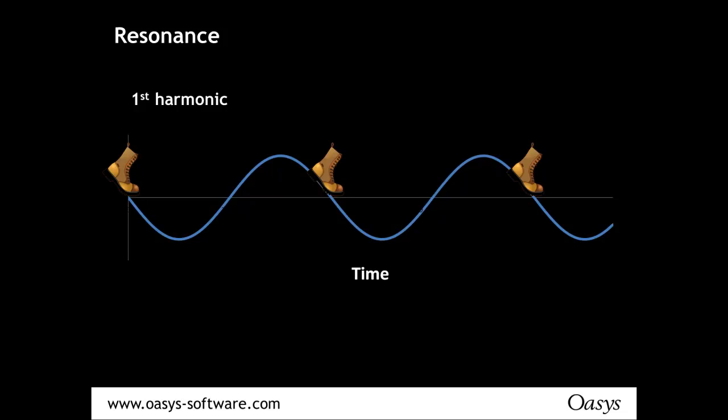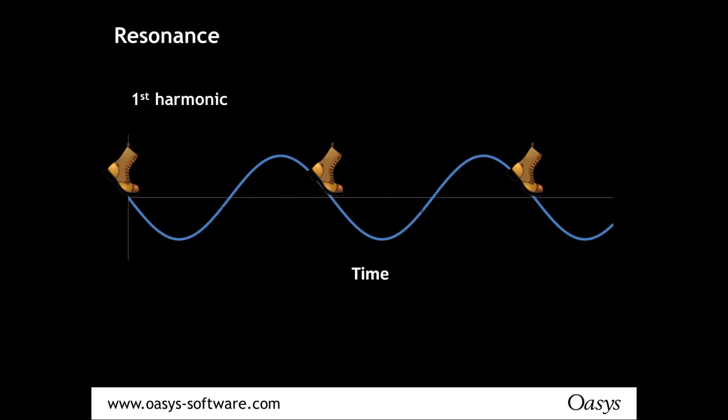Now, note that people tend to walk at frequencies between, say, 1 to 2.5 hertz, and that's the reason why most structural design guides, if they talk about minimum frequencies, say a minimum frequency of, say, 2.5 hertz or 3 hertz, because this avoids the chance of people walking in step with those vibrations.